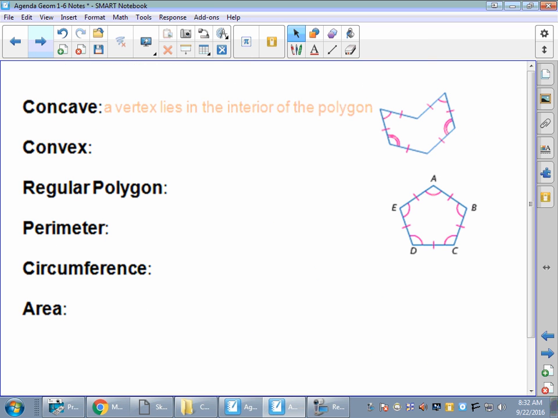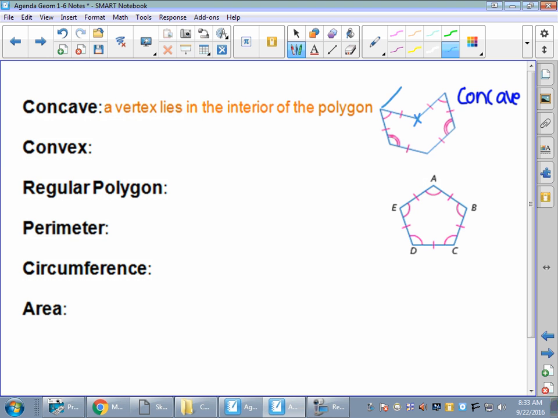So concave, you might know this from science class. I think you talk about concave and convex with lenses. In concave, a vertex lies in the interior. It goes back inside itself. So this guy right here would be concave, because this point comes back to the inside instead of going out that way.